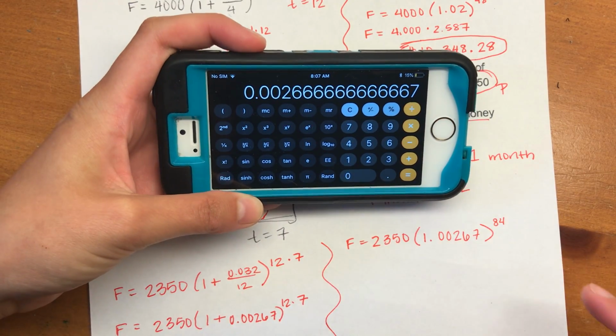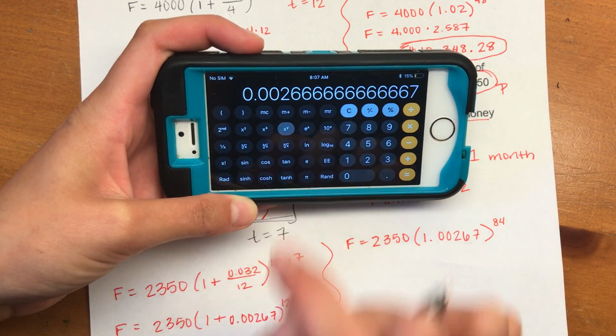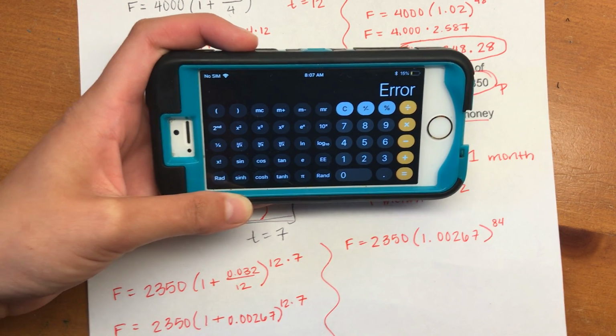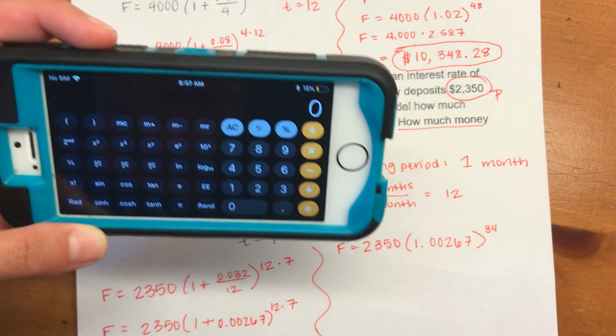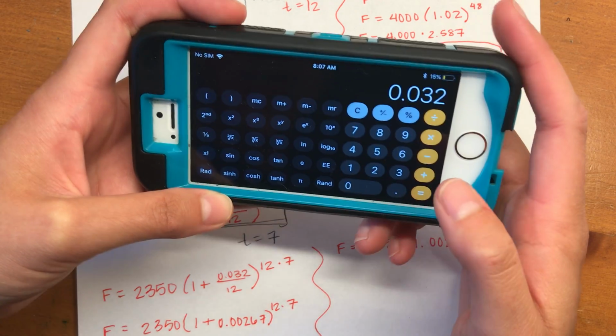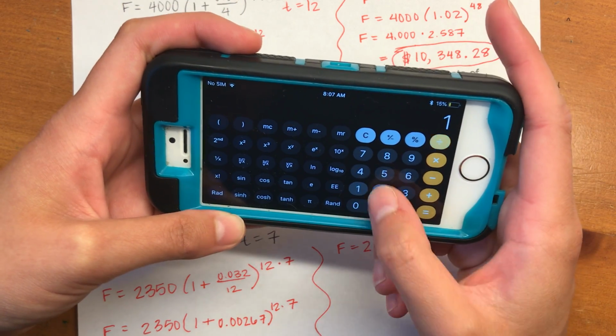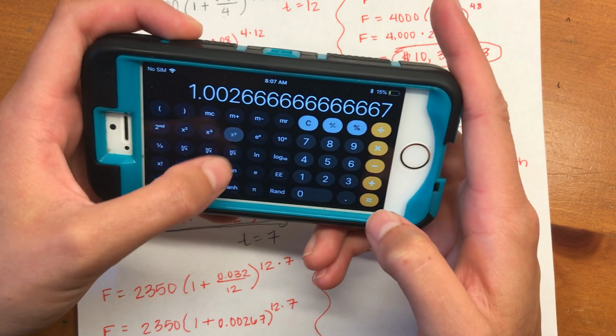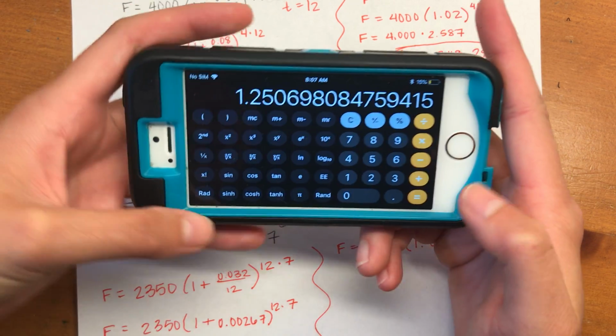This, I'm going to put this to the x to the y, 84th power, and I get an error because I forgot to add my 1. So I'm going to do it again, 0.032 divided by 12 plus 1, there we go, to the 84. Okay, there we go.